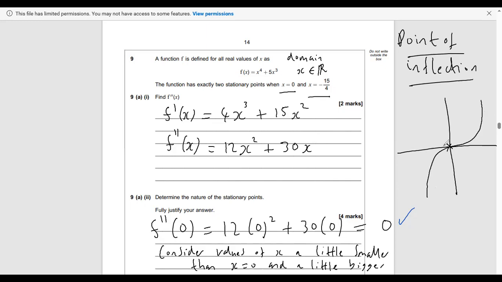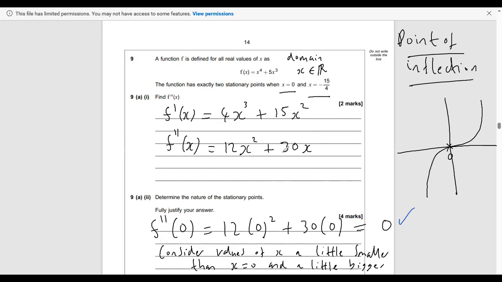So what you want to do is look at x values which are a little bit smaller than 0, and x values which are a little bit bigger. Does f''(x) change sign? We know that our f''(x) is 12x squared plus 30x.